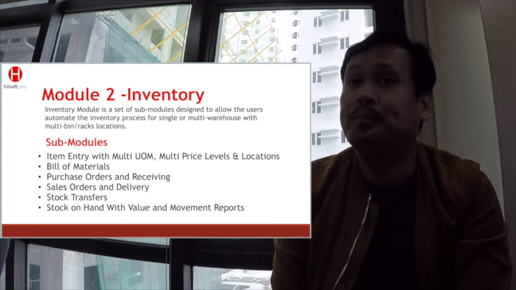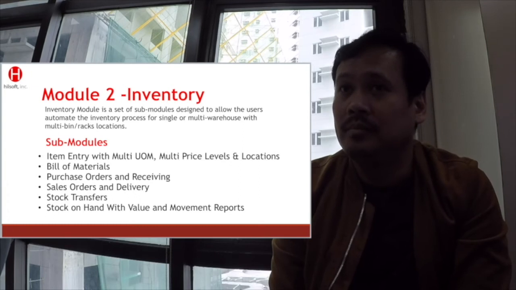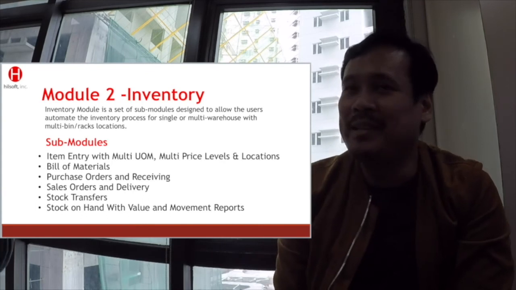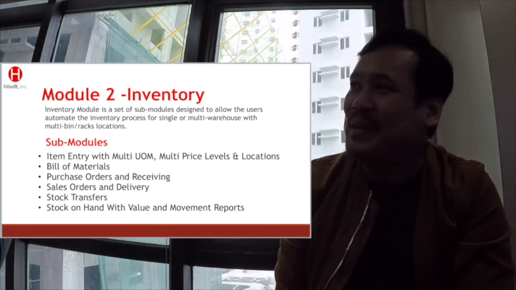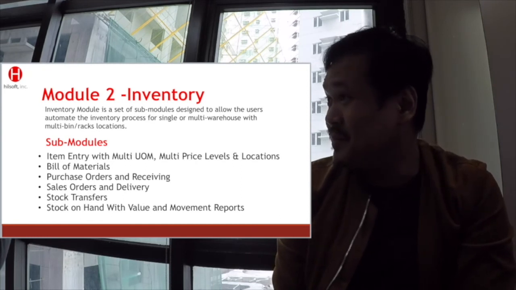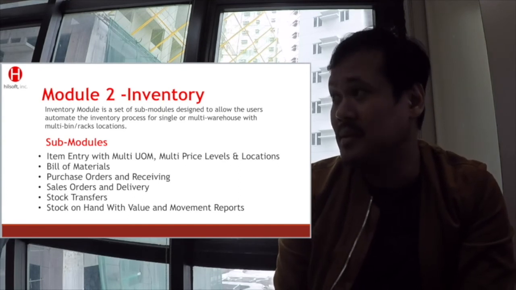For them to know kung magkano yung cost ng isang finished good, and then paano yung dapat mong i-allocate. Costing. Bill of materials is like in automotive the spare parts components to make up the engine. Yeah. That's called the bill.